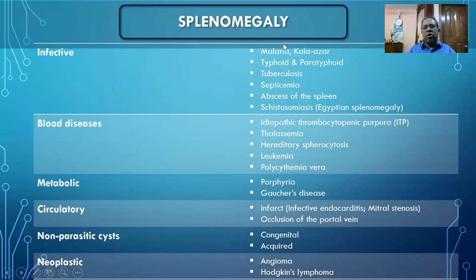So you evaluate the cause by your experience and by the location of the patient. If a patient is staying in the hill tracts area, they are more prone to develop splenomegaly due to malaria. If the patient is of low socioeconomic status, the patient may have tuberculosis.